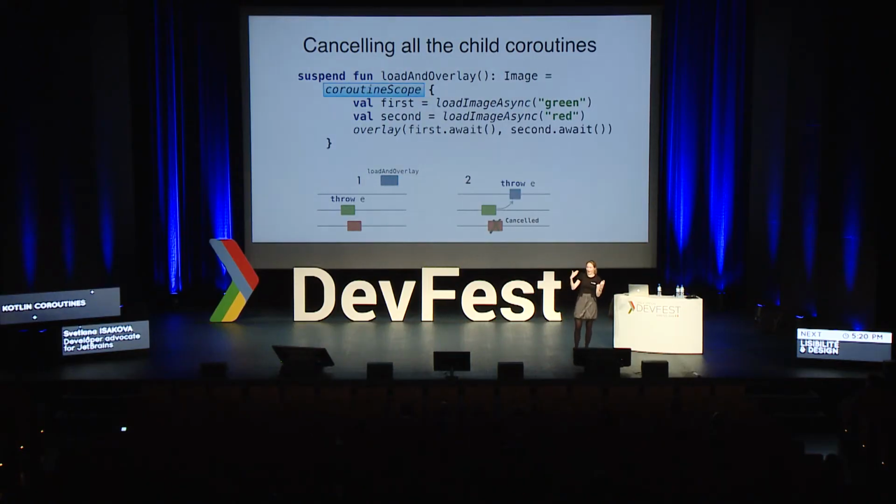So now these child coroutines are cancelled automatically if someone cancels their upper coroutine. Even when an exception is thrown in one of the child coroutines, it also means that the parent coroutine is cancelled unless it processes this exception correctly.